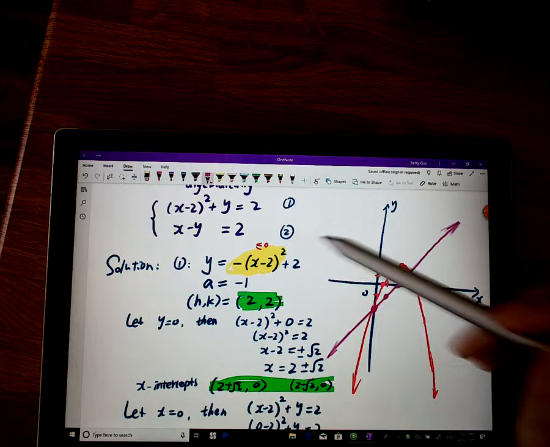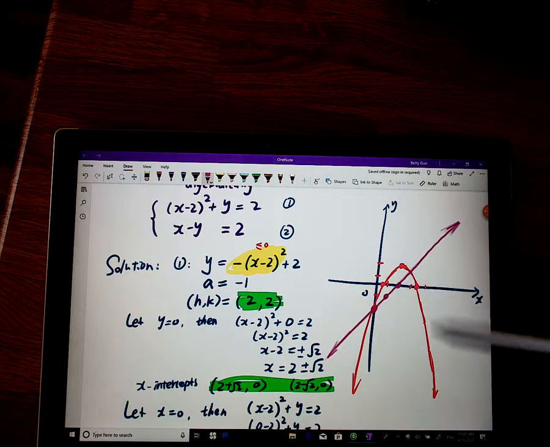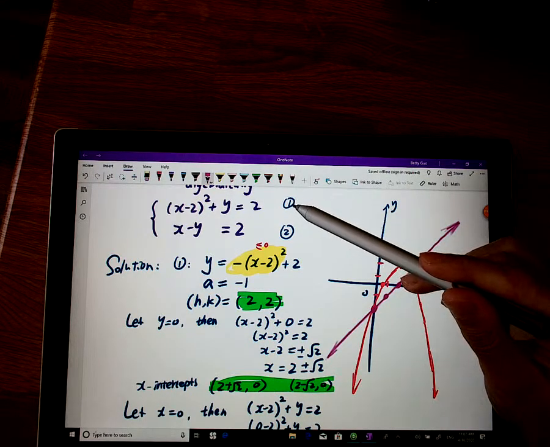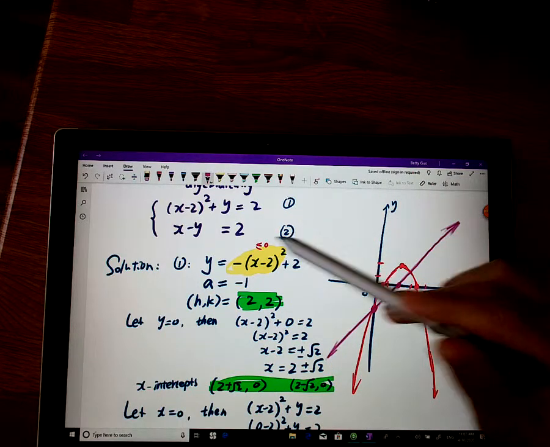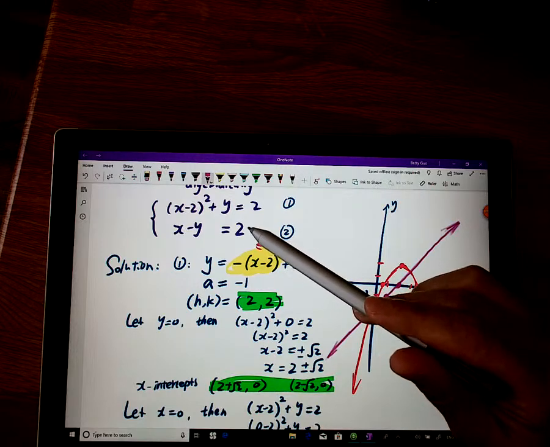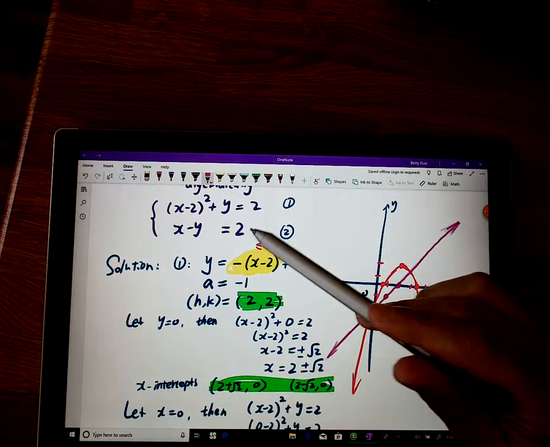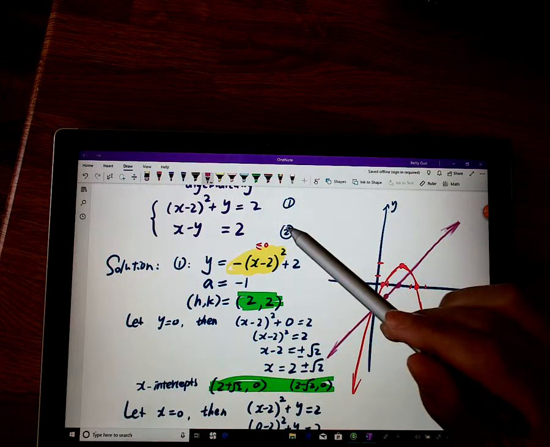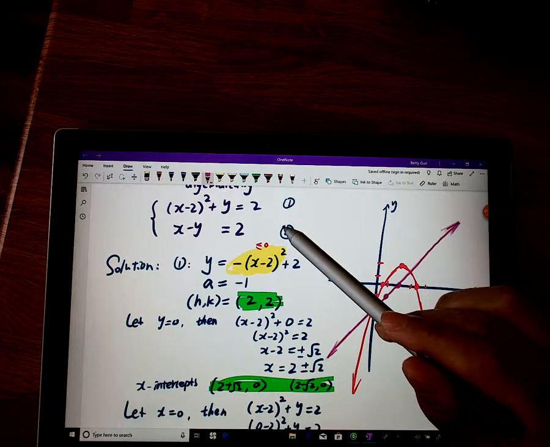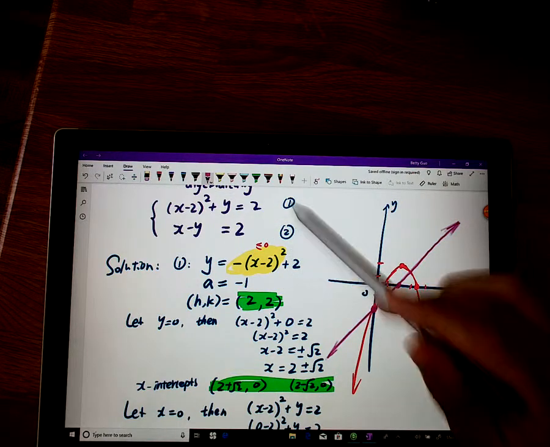Let me repeat it. All the points on the parabola, they are the solutions of equation 1. All the points on the straight line, they are solutions of equation 2. We are solving the system. If an ordered number pair is a solution of the system, then the ordered number pair is supposed to satisfy both.